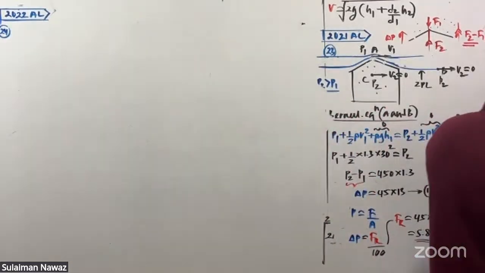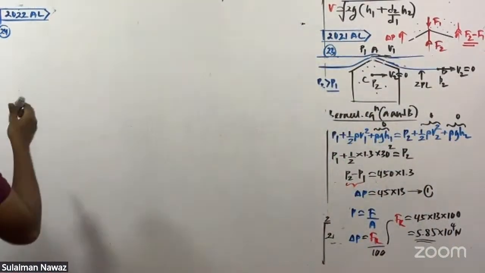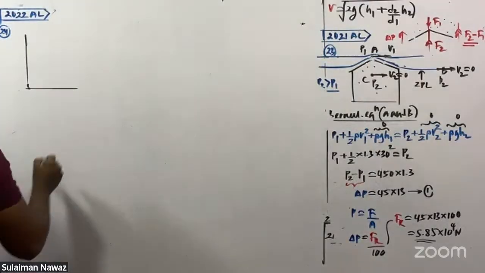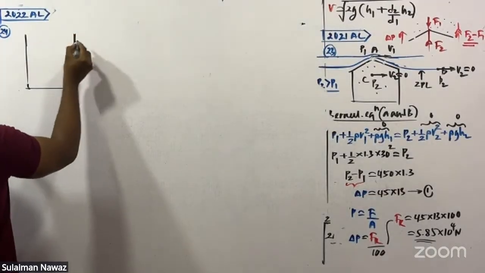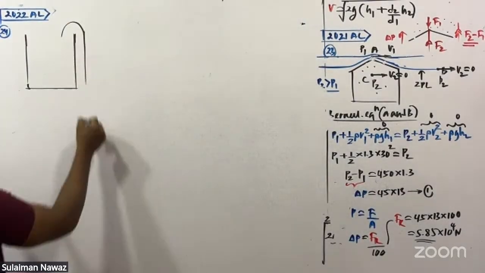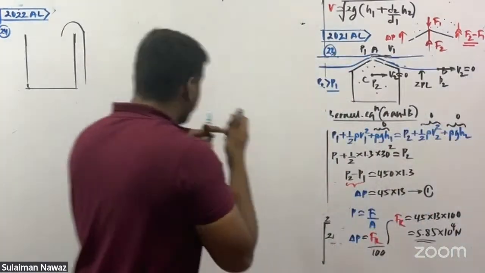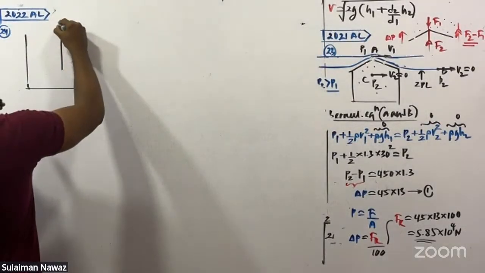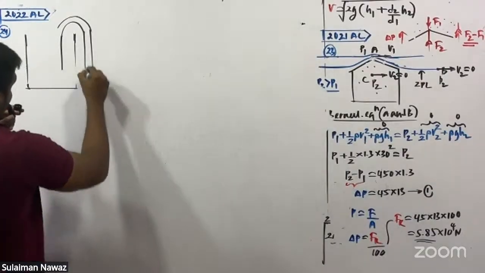If I have this story, and there's a siphon, having the same cross-sectional area.